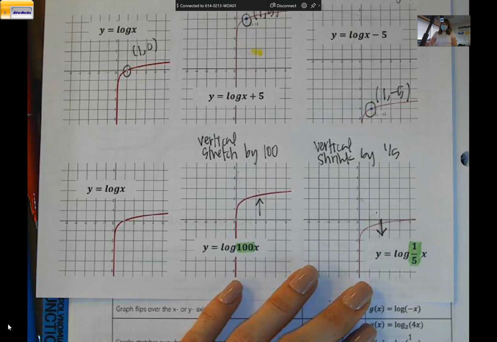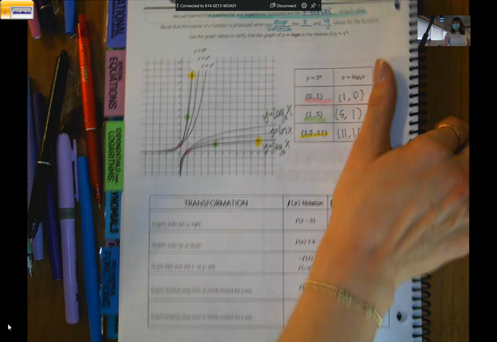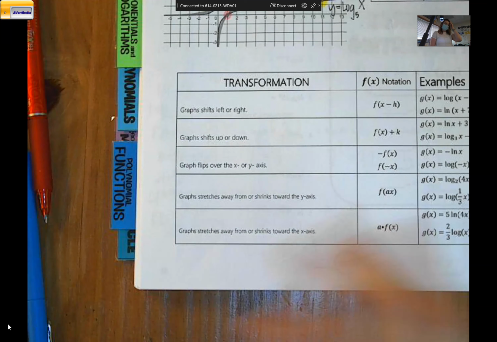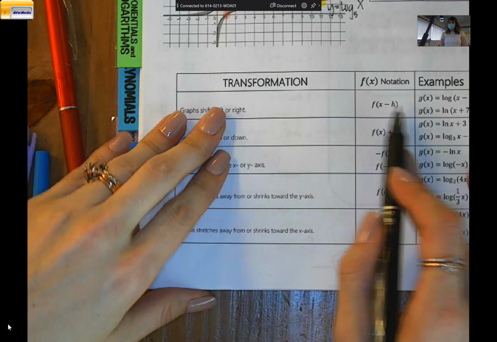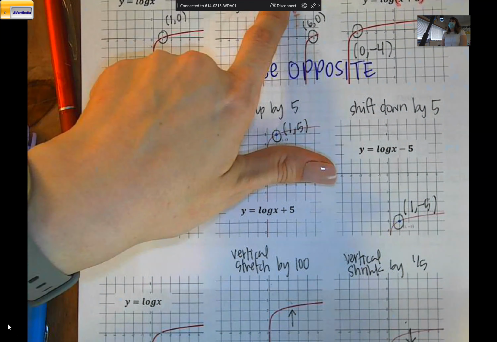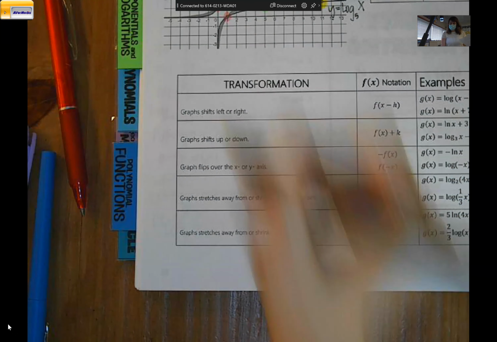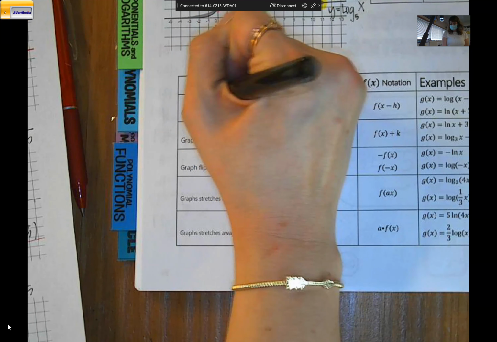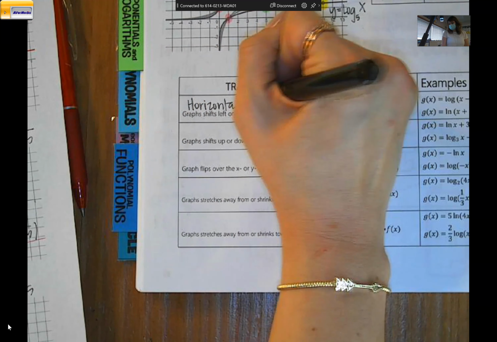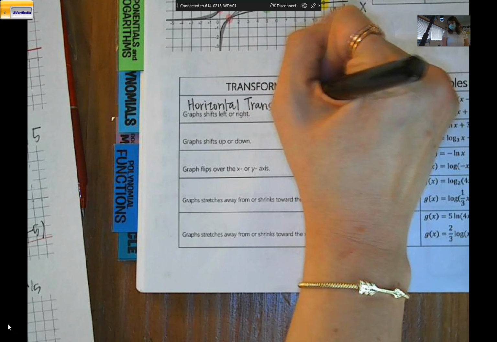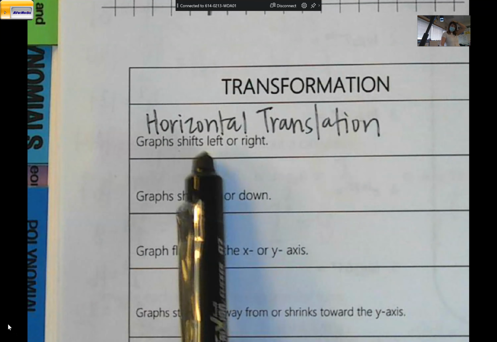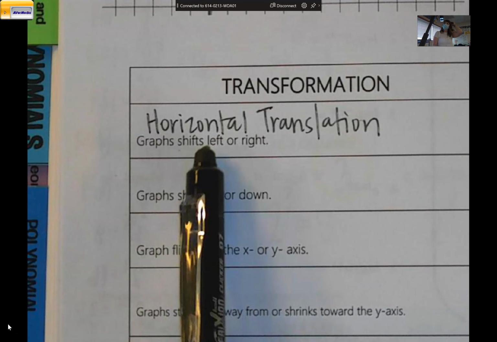So this paper is a visual representation of this table. This table just gives you the vocab for each transformation. The first one is a horizontal translation. Those are the fancy words, but really we know that that's just we moved our graph left or right.